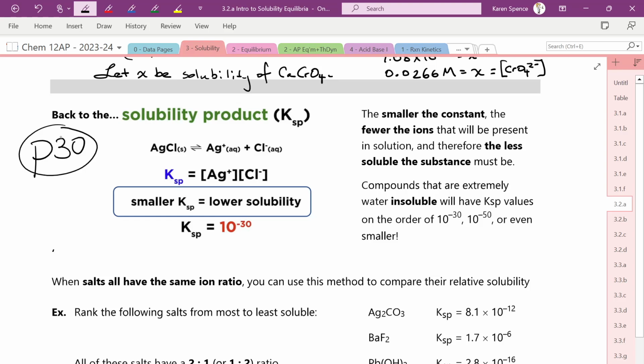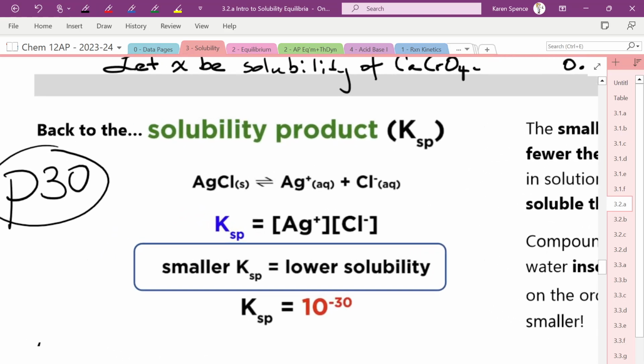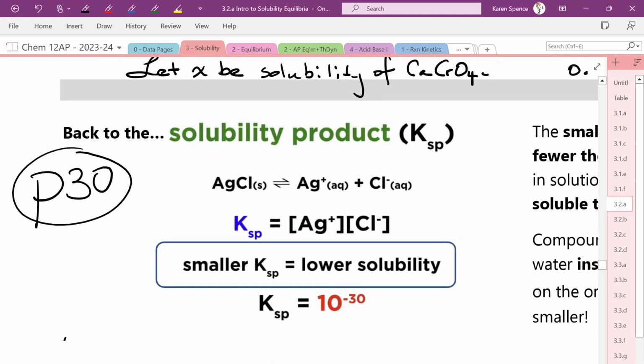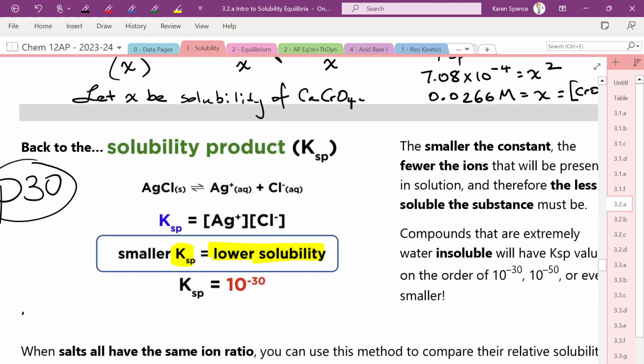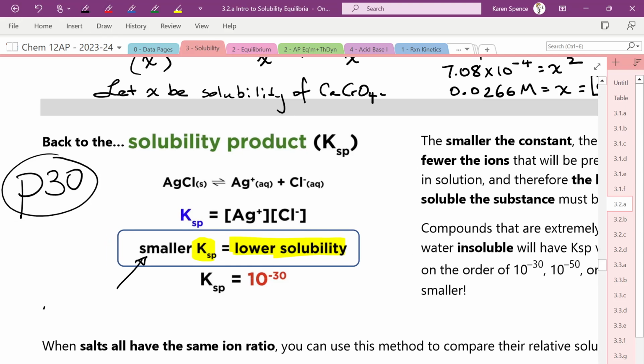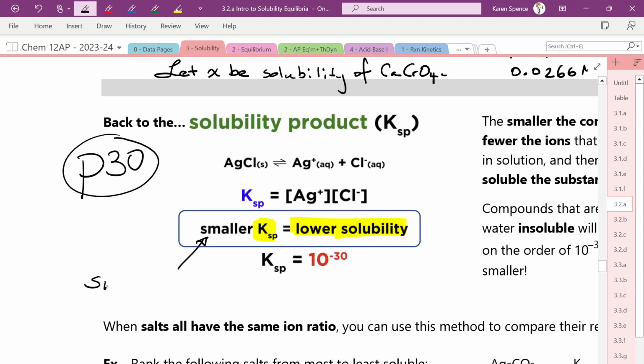So the solubility product, is that the same as the solubility? No. Is it related to the solubility? Yes. So the smaller the KSP, the lower the solubility, because the smaller the KSP, that means you have smaller ion concentration, yes?